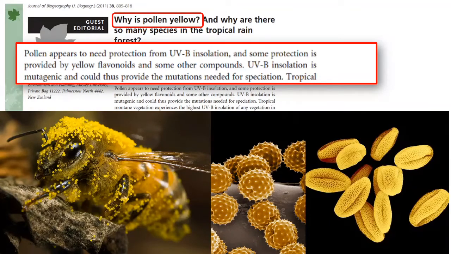So pollen appears to need this protection from UVB insolation, and some protection is provided by yellow flavonoids and some other compounds. So this is why they are yellow.